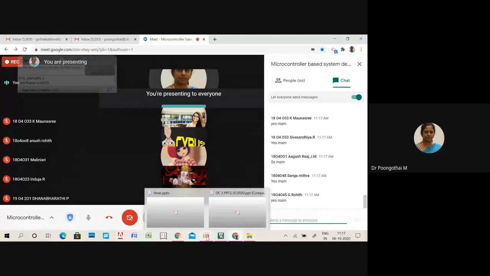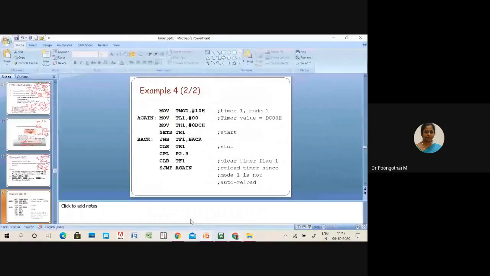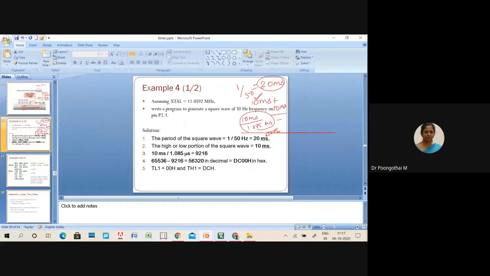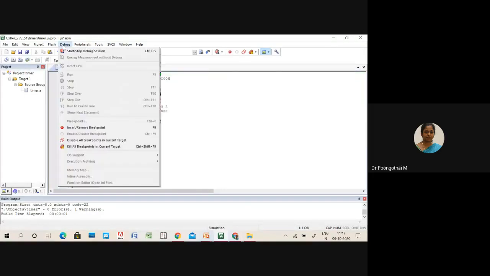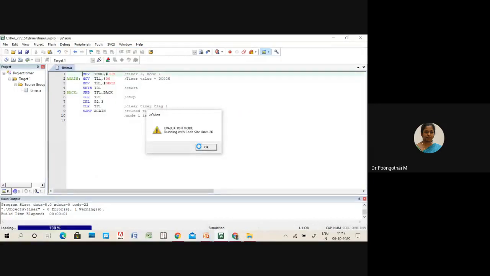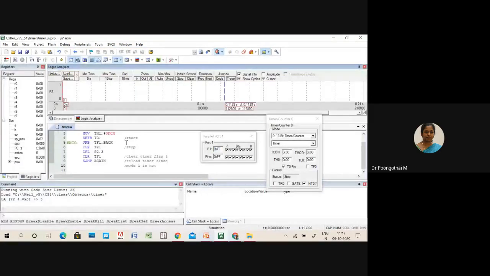Let's execute this code in Keil MicroVision to check our delay time period. Your frequency is 50 hertz. Port 2 is involved, that is port 2.3.